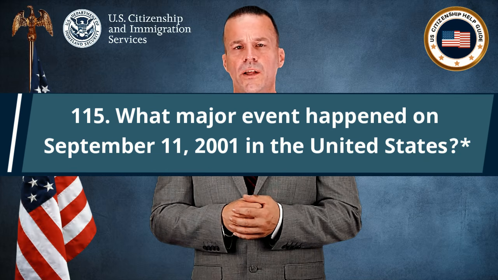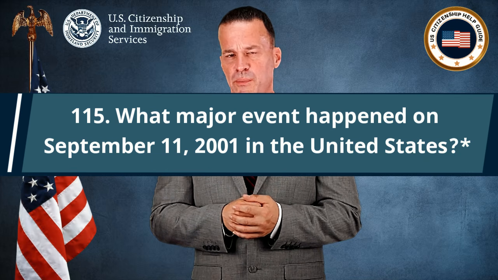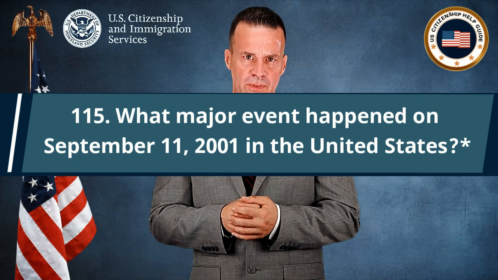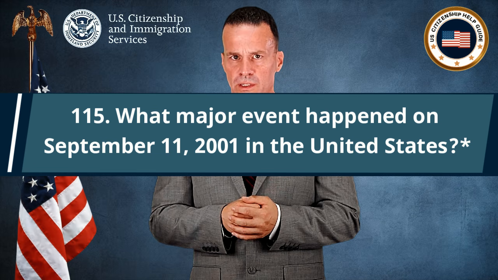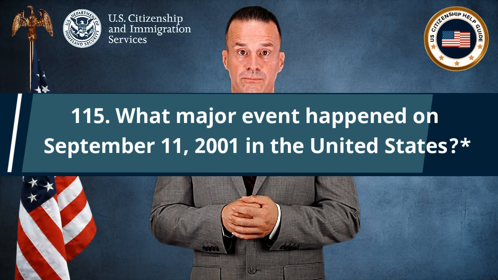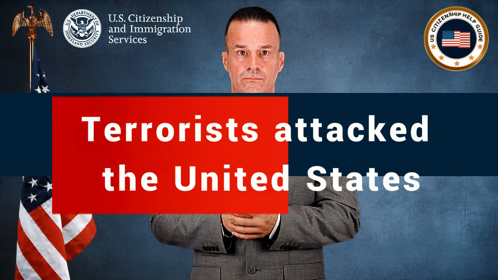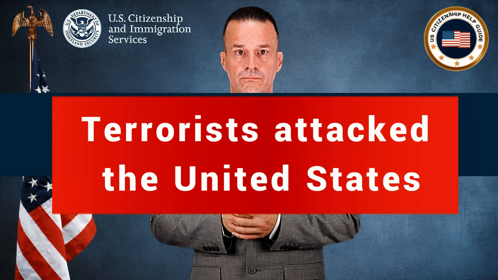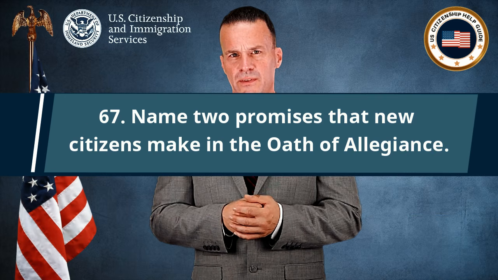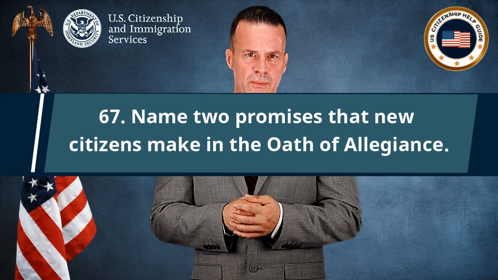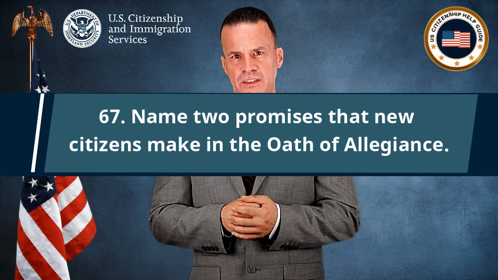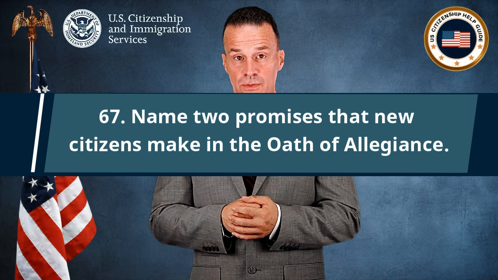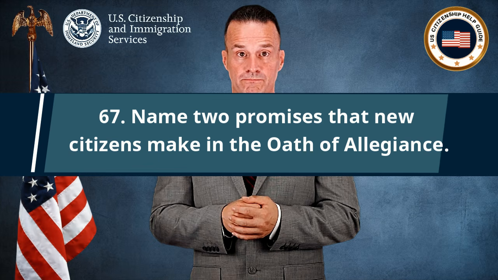115. What major event happened on September 11th, 2001 in the United States? Terrorists attacked the United States. 67. Name 2 promises that new citizens make in the oath of allegiance.